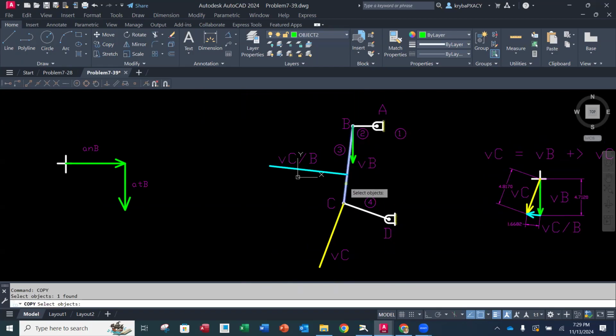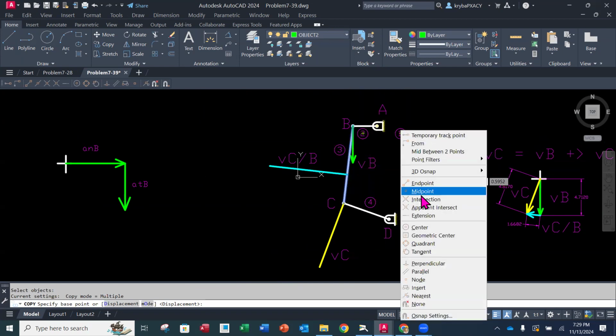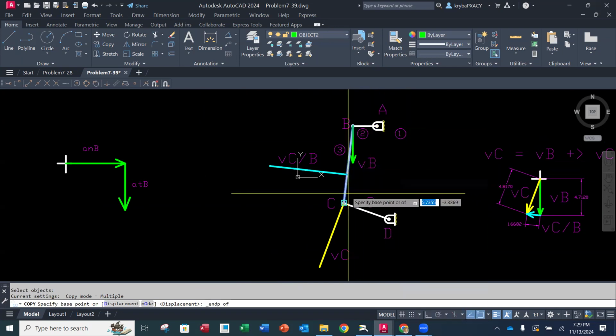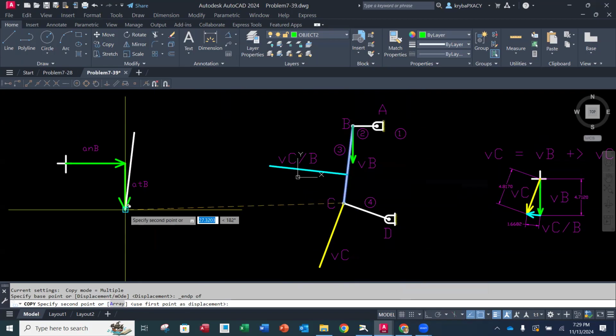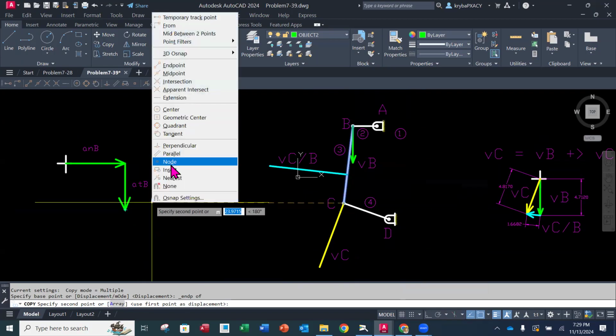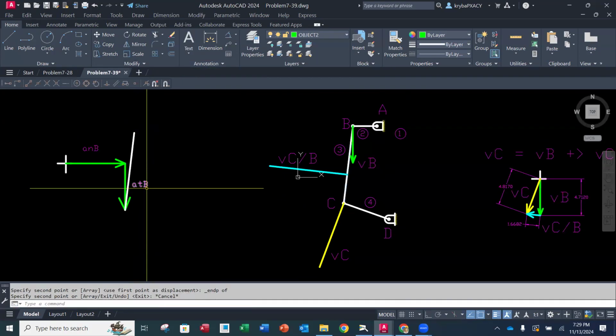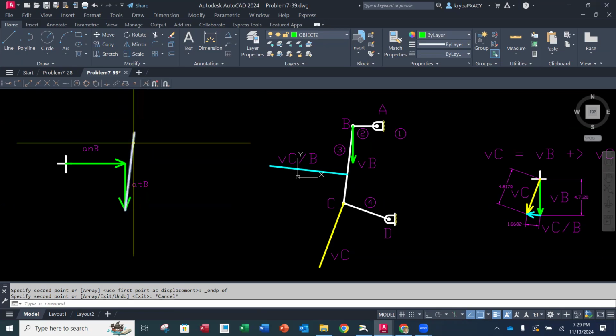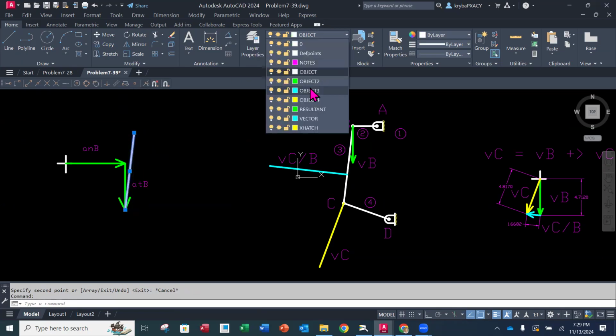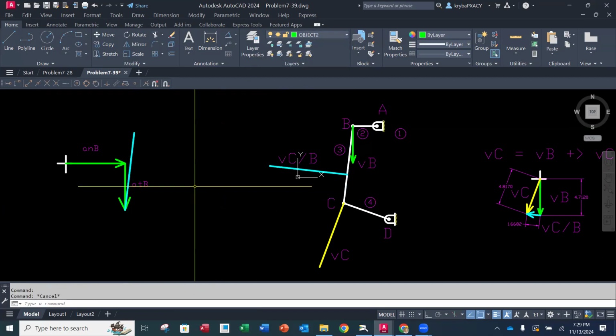So I'm going to copy this link and I'm going to go to my endpoint here. The tail is going to start at the endpoint of my tangential. So I'm going to go endpoint here, make sure I grab that. And then it is going to point towards B. So it's going to go up and to the right. So I'm going to change this to object 3.